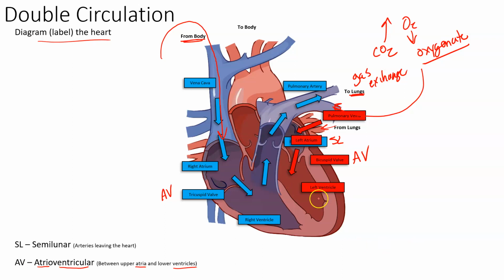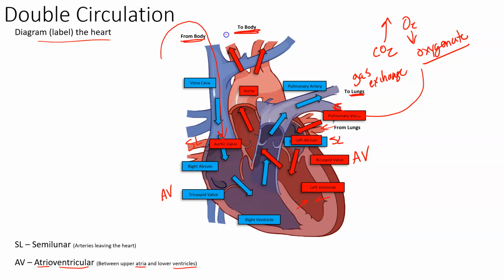The left ventricle will then contract, physically squeeze, moving the blood up through the aortic valve, which is an SL valve, semilunar valve, because it is in the artery leaving the heart. And once the blood moves through the aortic valve into the aorta, it is going to be sent through a series of forks that branch and take that oxygenated blood to the body.